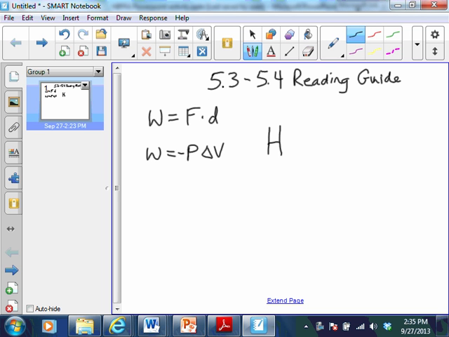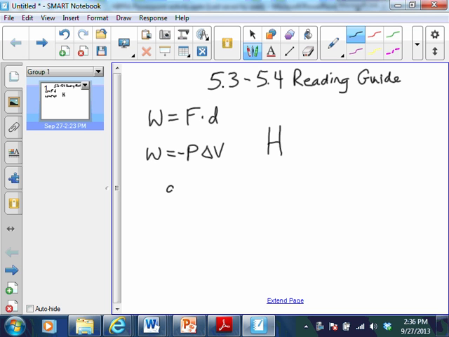So they go through this whole big thing, and you can read it in the book, okay, if you're interested in it, about how H is related to heat, how enthalpy is related to heat. They're not exactly the same thing. But if we're doing a reaction at constant pressure, they essentially are, okay?